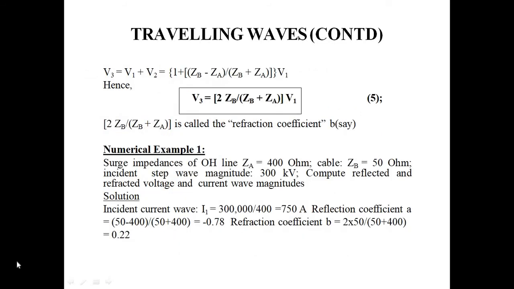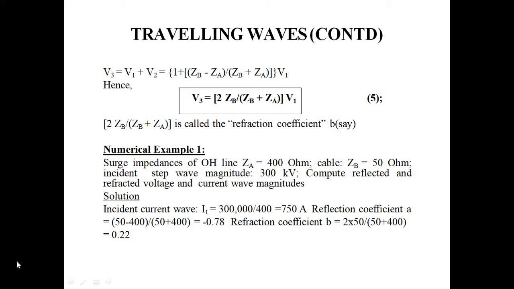V3 is equal to V1 plus V2, which is equal to 1 plus ZB minus ZA divided by ZB plus ZA, into V1. V3 is equal to 2 ZB divided by ZB plus ZA into V1. 2 ZB divided by ZB plus ZA is called the refraction coefficient.